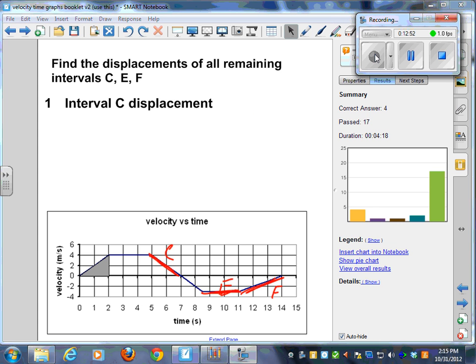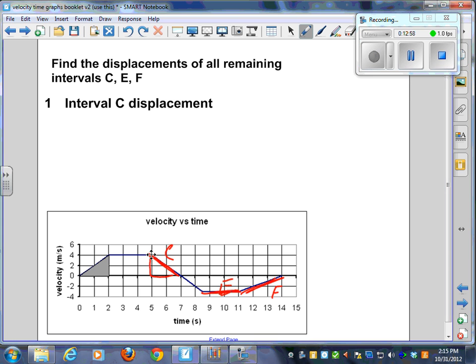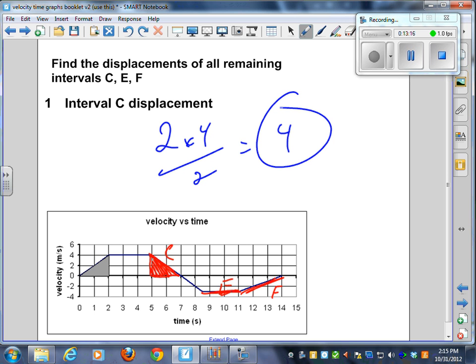Very quickly, watch carefully. Interval C is this triangle here, so the base is from 5 to 7. That's a base of 2. The height is from 0 to 4. 2 times 4 divided by 2 is 4.